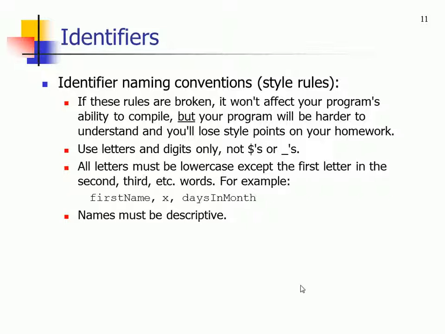It says use letters and digits only. No $ or underscores, with an exception we're going to talk about later. Different languages use $ all the time as string variables, but not us. Okay, not here. Again, they will work, but we just don't use them right now. All letters should be lowercase except the first letter of the second, third, and fourth words.